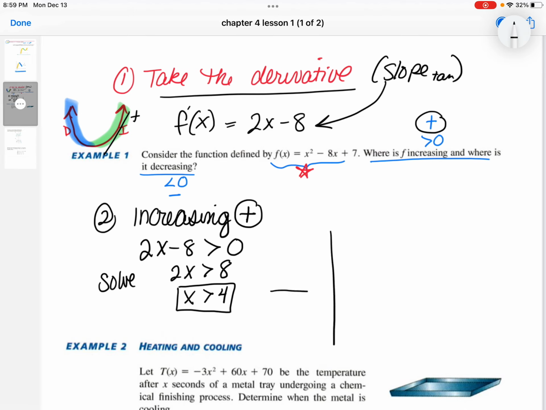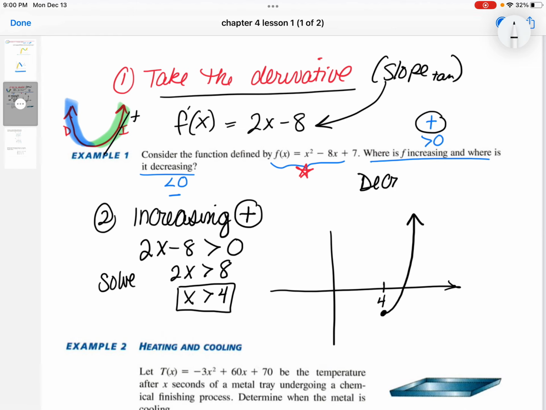So far, this parabola, where x is greater than 4, is probably heading up. I don't know where the vertex is because I haven't calculated it, but let's just pretend like it's over here. Where x is greater than 4, the graph is going to be increasing. That's what this means. And so you can already probably guess it's going to be decreasing where x is less than 4, but let's verify that.